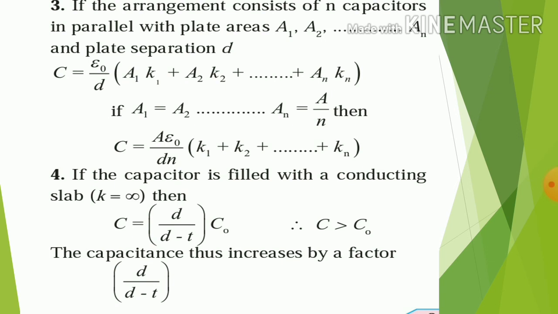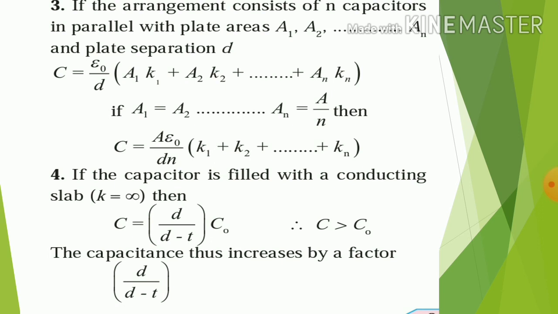This is the equation for capacitance whenever n thin dielectric slabs are placed in between the two plates and the areas of the slabs are A1, A2, A3, up to An.